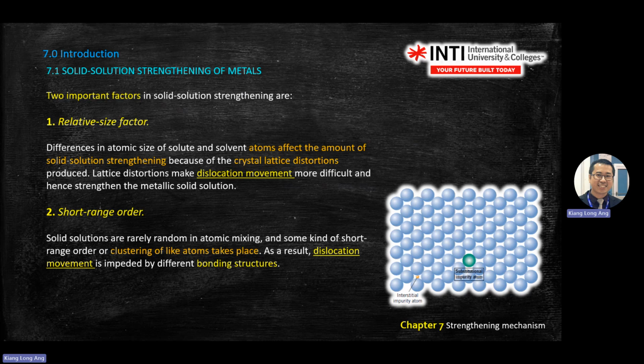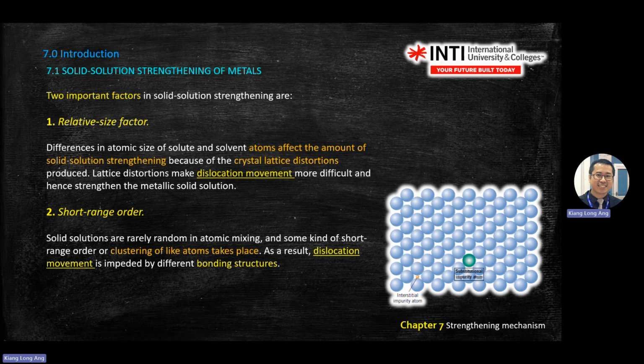So you want to disturb the movement, you add in a shorter range of order, means you put in small monomer there. So when you put in monomer there, you will restrict the things. So the second one, short range order, this one is normally in the polymer object.